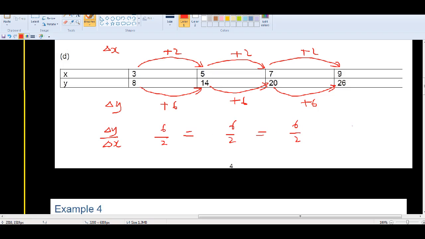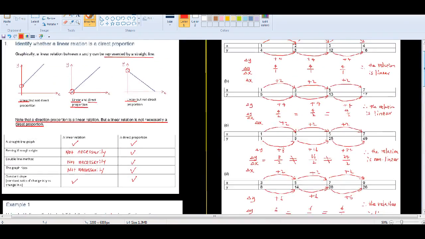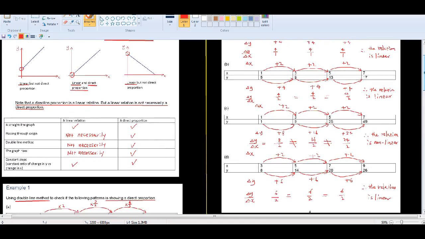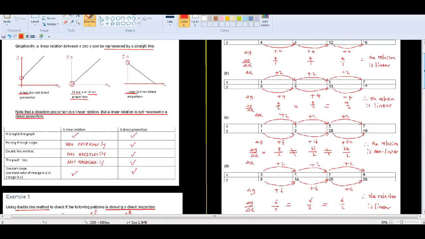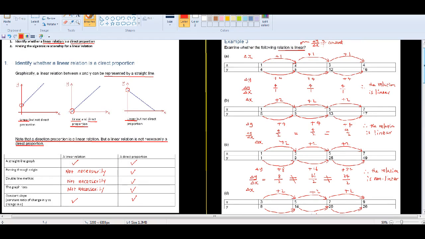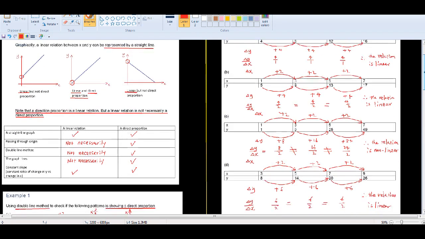Yes, they are all equal to 3. So the relation is linear. So basically we have 3 linear and 1 non-linear. When you see that delta y over delta x, the change in y over the change in x, is always the same number, a constant, then they are linear, otherwise they are not.